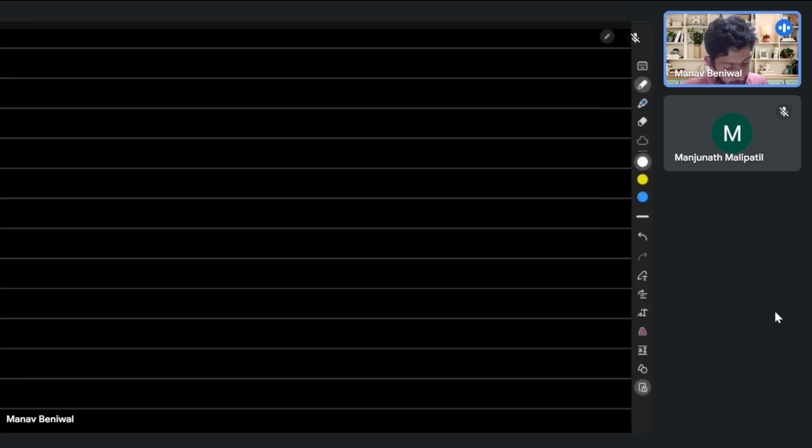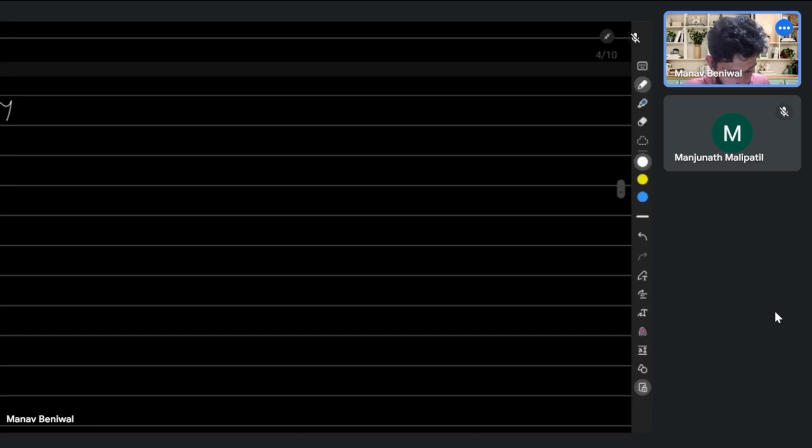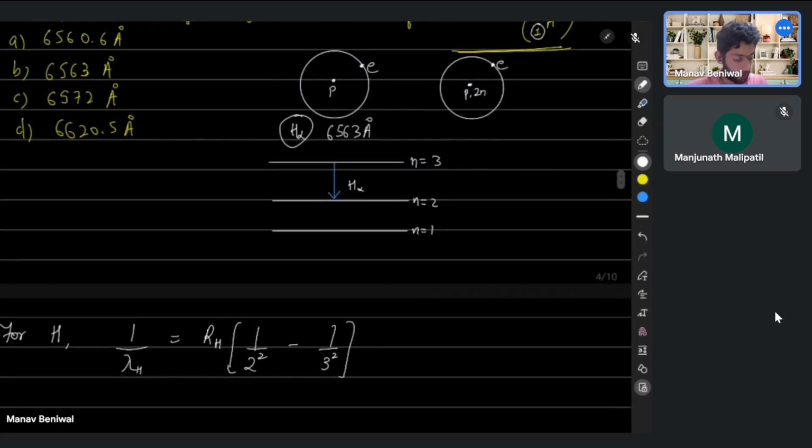So let's first write for hydrogen. For hydrogen, we have 1 over lambda h given by RH times (1 over 2 squared minus 1 over 3 squared), because the transition is from n equals 3 to n equals 2.